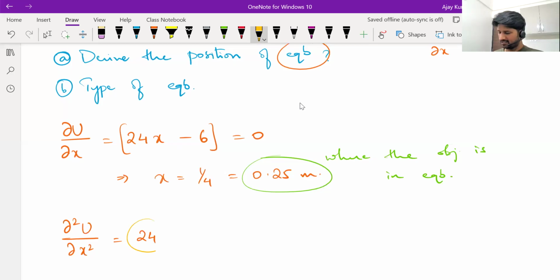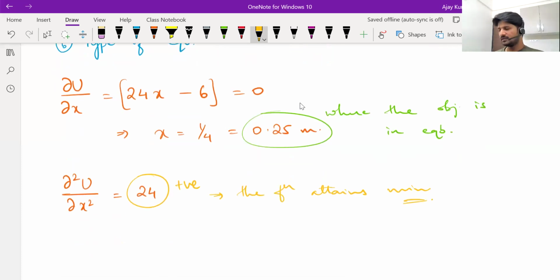Okay. 24 is anyway a positive number. Second derivative positive means the function attains a minimum at that position. Means potential energy is minimum at x = 0.25. And if potential energy is minimum there, it's a position of stable equilibrium. If the second derivative is positive, it corresponds to stable equilibrium.